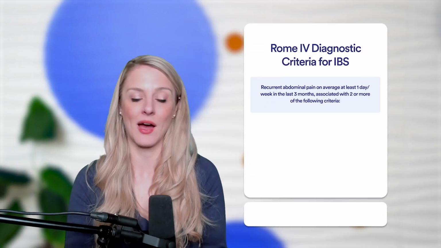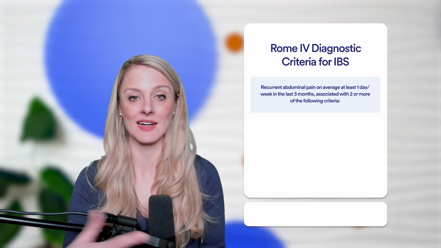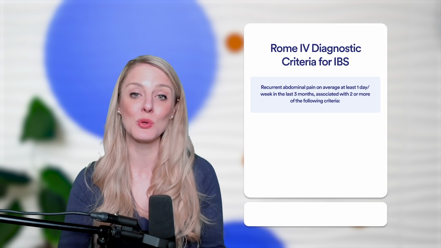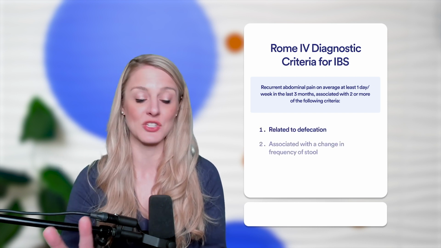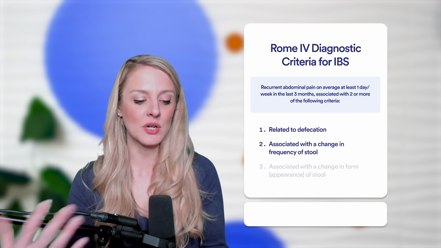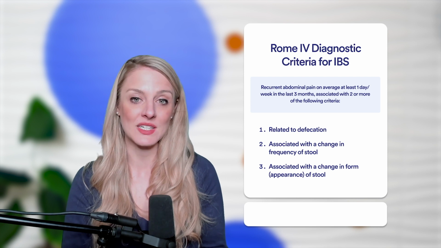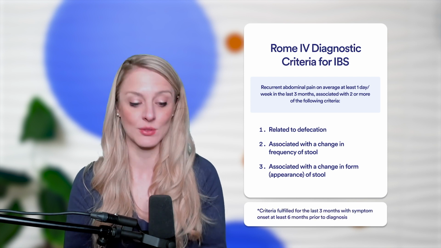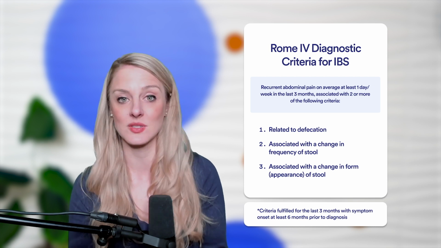And in order to qualify for that base IBS diagnosis, you have to have recurrent abdominal pain on average at least 1 day per week in the last 3 months associated with 2 or more of the following criteria: related to defecation, associated with a change in frequency of stool, or associated with a change in form or appearance of stool. And these criteria have to be fulfilled for the last 3 months with onset of at least 6 months prior to being given a diagnosis of IBS.